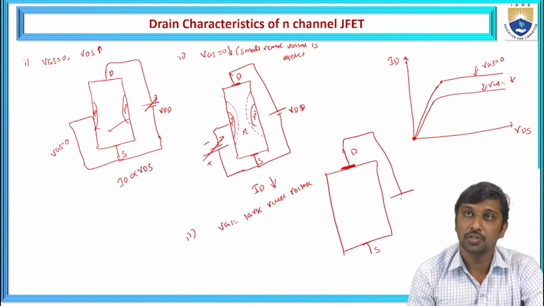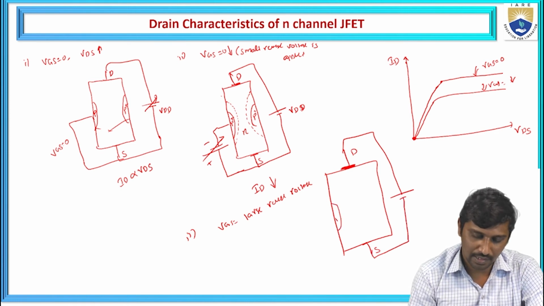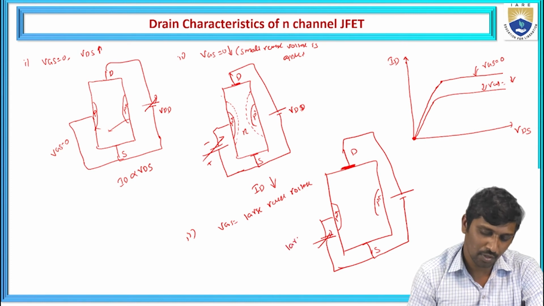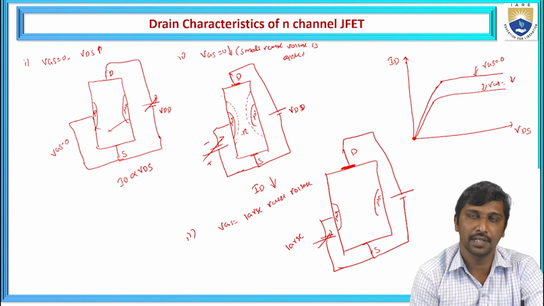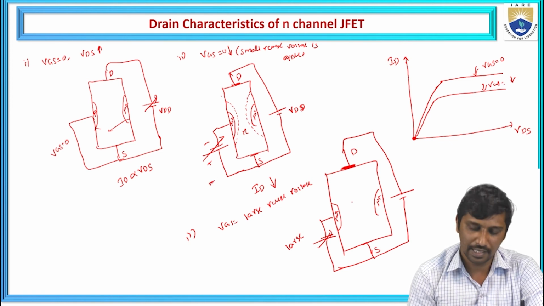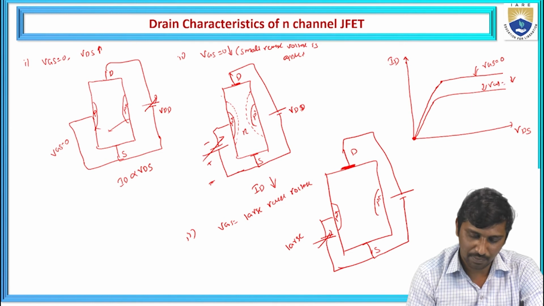Drain is biased positive and the source is biased negative, and this is the heavily doped P+ material. Now I am going to apply a reverse voltage between the gate and the source, but here a large reverse voltage. The earlier case was a small reverse voltage. In the next case, I am going to increase the reverse voltage, which means the depletion widths also increase like this.